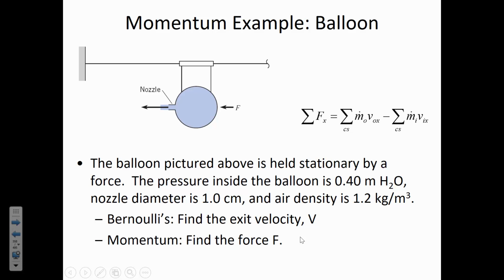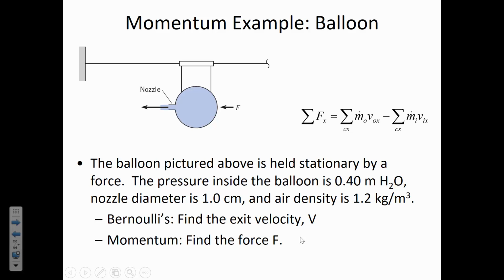Picture a balloon where you've got some gas coming out, and location 1 is in the center of the balloon, and the balloon is shrinking inward, so we're going to assume that right in the middle of the balloon the gas is not moving at all.